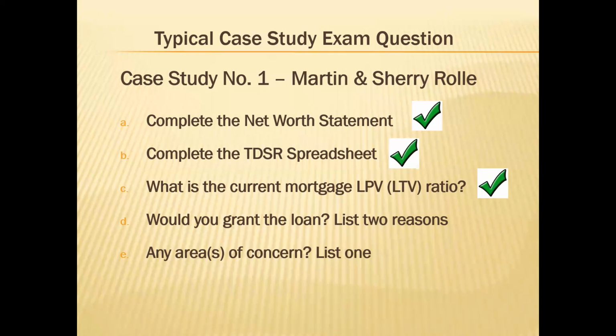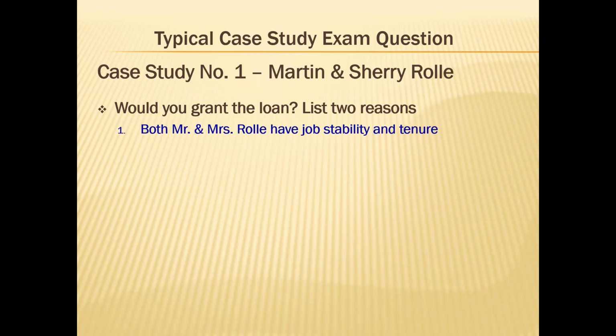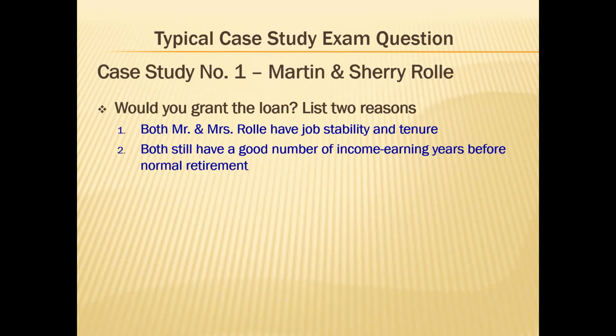Okay, so let's look at those. Again, the first one said both Mr. and Mrs. Rhodes have job stability and tenure. Both still have a good number of income earning years before normal retirement. They have excellent credit history. They have positive and substantial net worth.